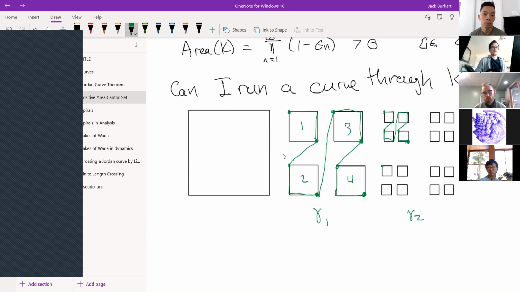And now the important feature is that because I'm just subdividing the remaining squares at each stage, I can keep the same line segment. The line segment that I chose in gamma 1, I'm just going to fix in gamma 2. So I'm really just refining the piece. Every time I break up some of those squares, I refine that portion to get a new piecewise linear approximation of my set.